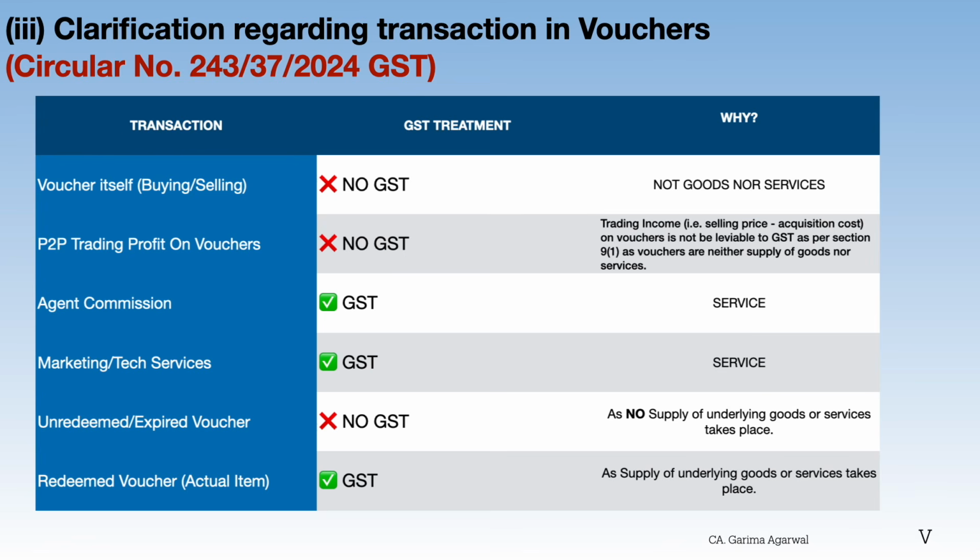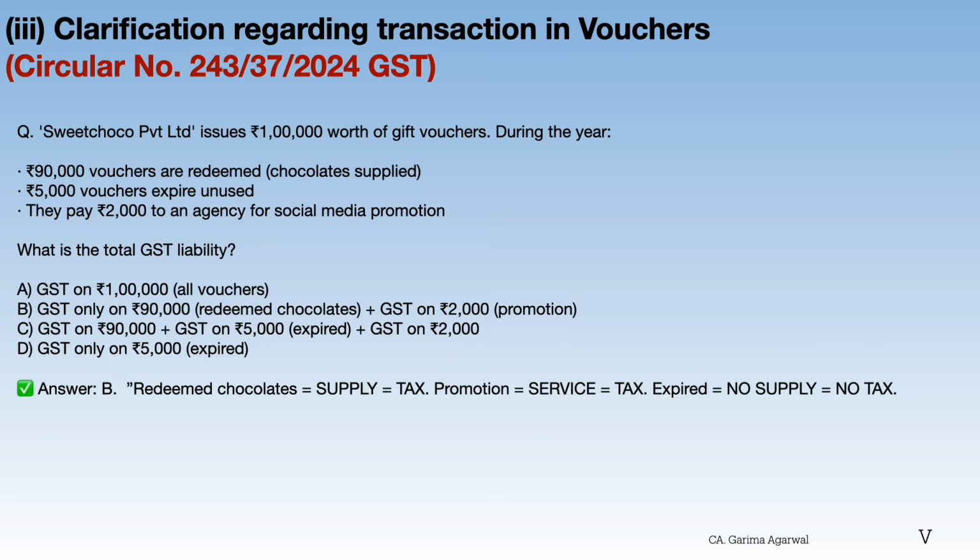There should be no GST as the voucher just expired, which is not a supply of goods nor services. Again, redeemed voucher and you have purchased an actual item. Yes, GST will be leviable and the rate should be as per the underlying goods and services that have been purchased from it.